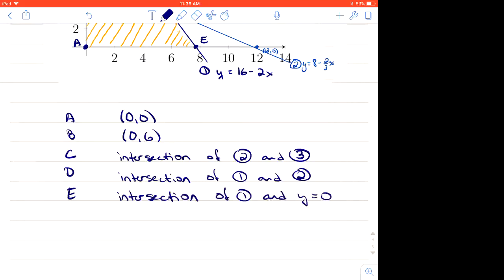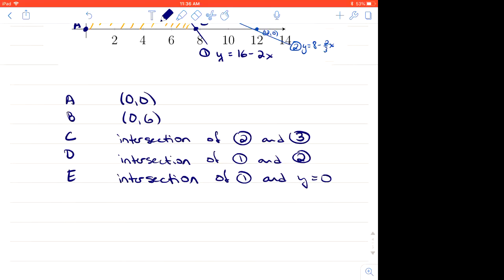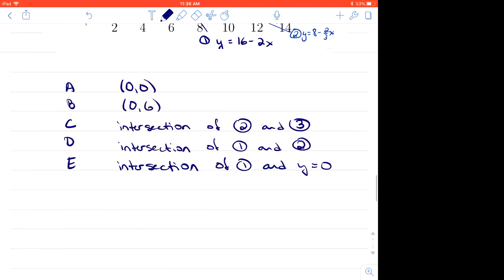The x-axis. The y-axis is where x equals 0. Okay. So we already accidentally solved for E. Right? We said, oh, let's use 8. Oh, it's y equals 0. Oops. But then we said something else. We used 6 instead. So we still have to solve for these.